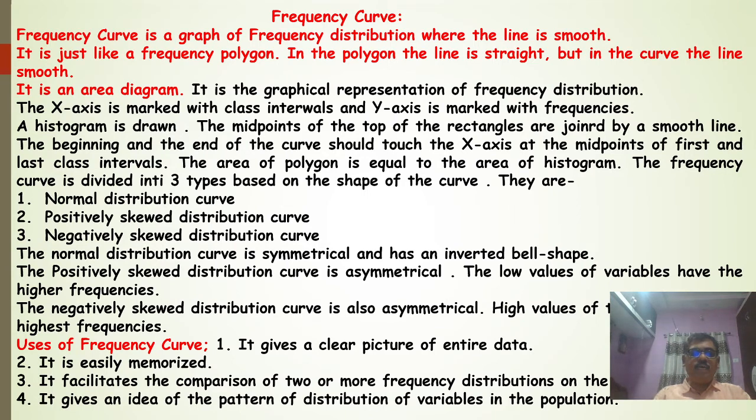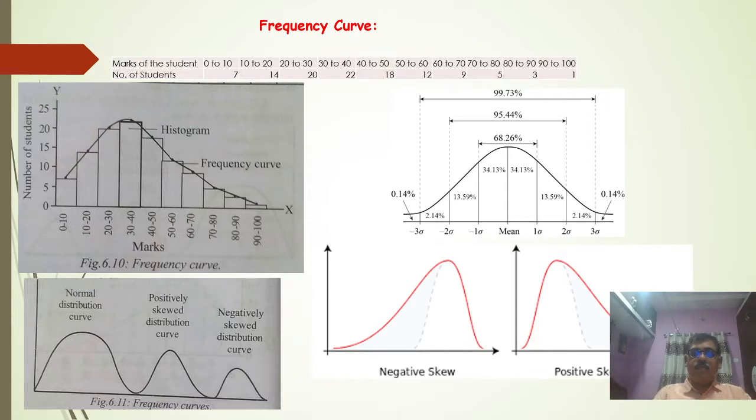The frequency curve is divided into three types based on the shape of the curve. The first is the normal distribution curve, then the positively skewed distribution curve, and the negatively skewed distribution curve. This is the normal distribution curve, which is bell shaped. This is the negatively skewed distribution curve, and this is the positively skewed distribution curve.